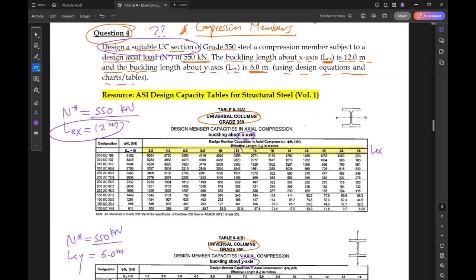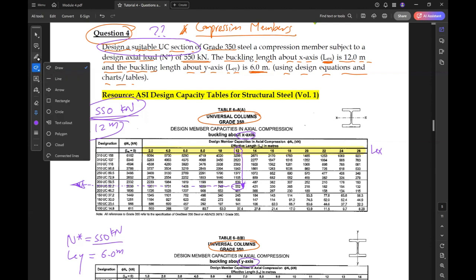So if we go to L 12 and go straight down until we find the closest value to 550. This one is the closest one. If we go horizontally, what is the corresponding section we should use?